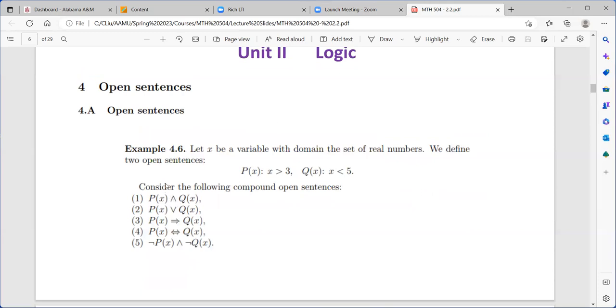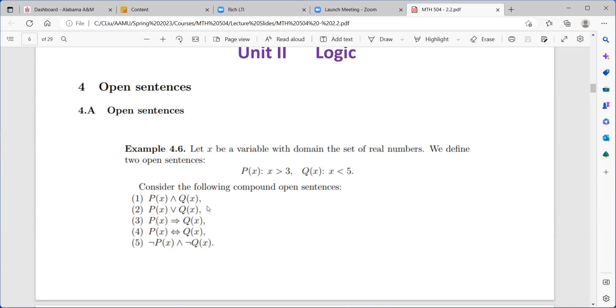So for any specific value of x, we want both P and Q to be true for the compound open sentence to be true. Oh, the statement, I'm sorry. Then, again, we know P of x is true when x is greater than 3, and Q of x is true when x is less than 5.